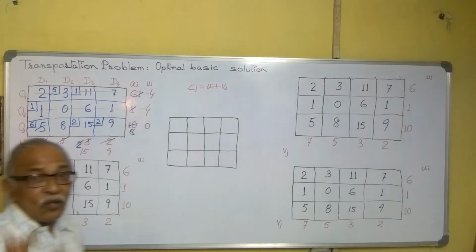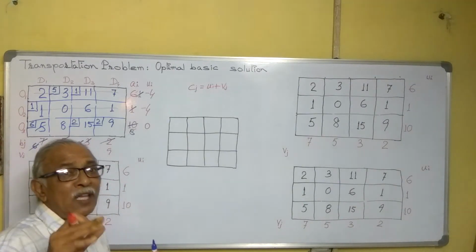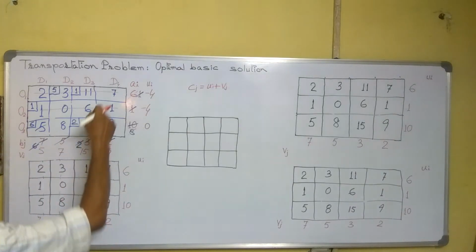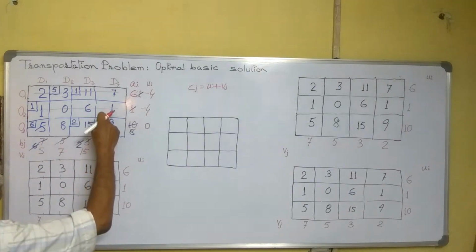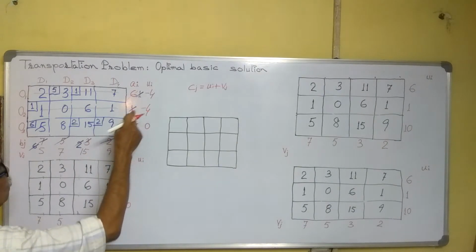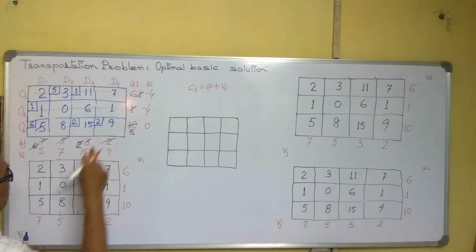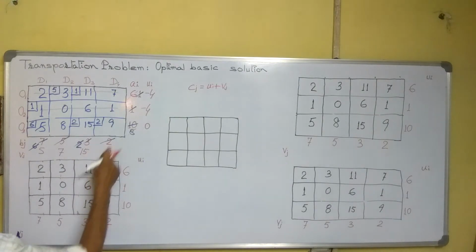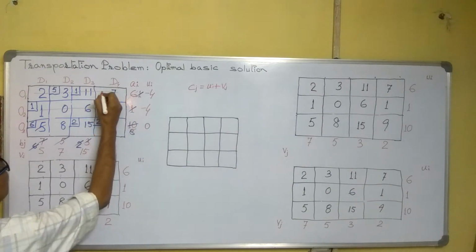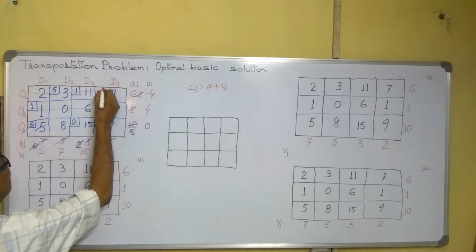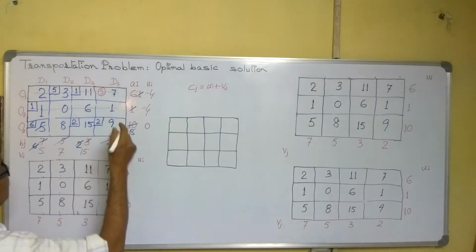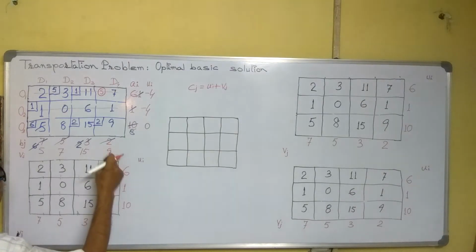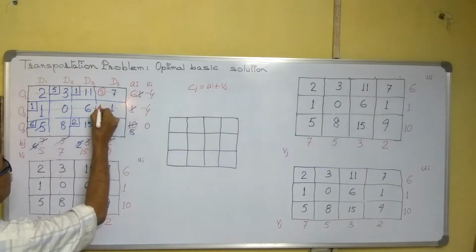Now listen carefully, take time, don't hurry. For unallotted places, what we have to do? We have to find ui plus vj. For this one, 9 minus 4, that is 5. Write it in a circle. Then for this one, 9 minus 4, this is also 5.